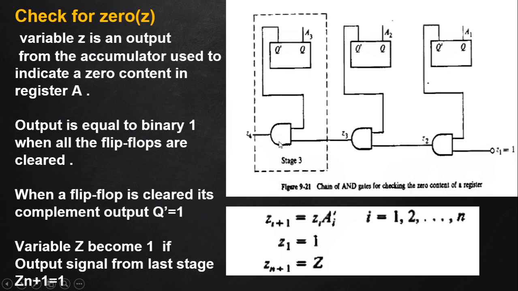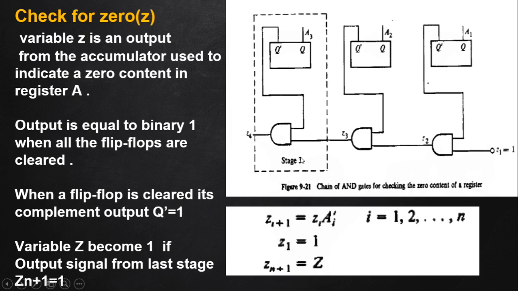Okay, that Z3 is ANDed with the Q complement value of our state A3. Suppose A3 is also holding the value 0. That means Q equals 0 here in the present state. Then this Q complement value is 1. That 1 is ANDed here and generates an output value Z4.